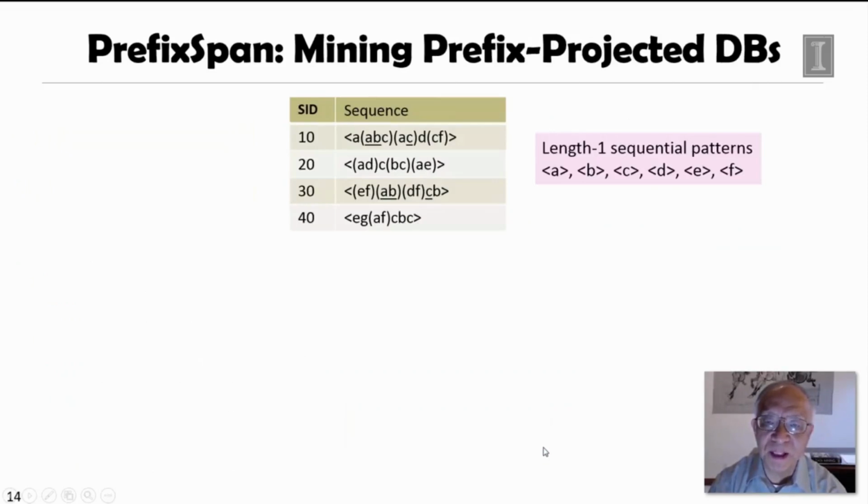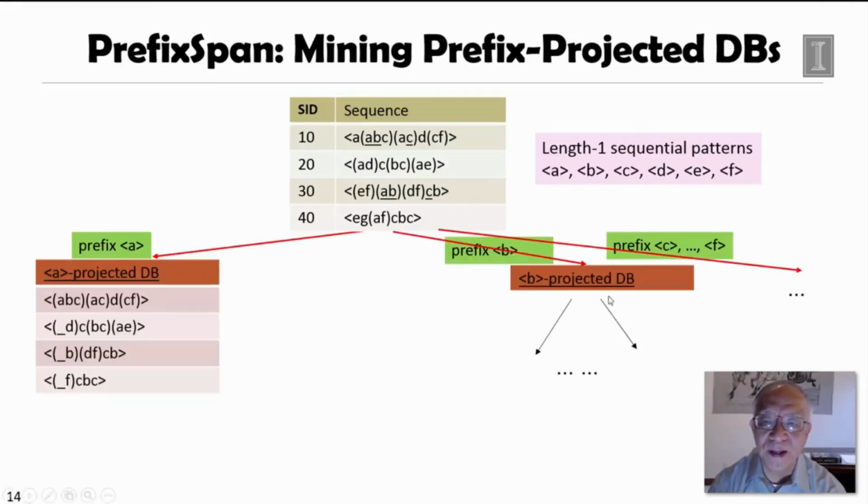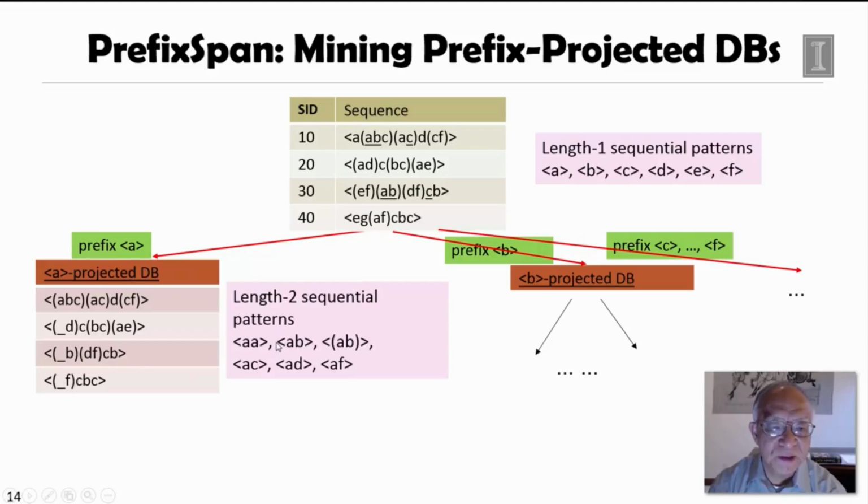So let's examine a little detail. For this sequence database, if we find length 1 sequential patterns like this, then we can actually get length 2 sequential patterns by first doing projected database, then finding length 2 sequential patterns. That means if they are frequent in this projected database, they will form length 2 sequential patterns.